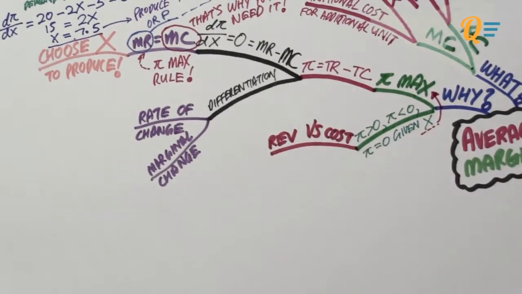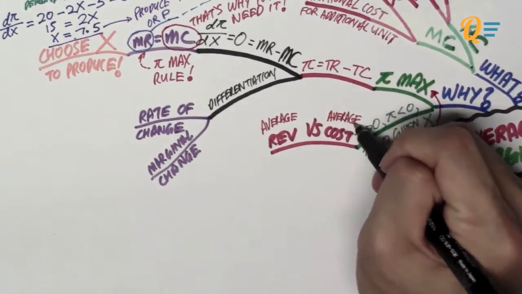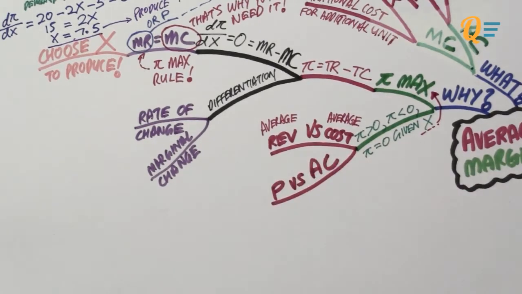Now, to talk about profit, we need to take revenue versus your cost. And to make things simpler, let's talk about average revenue and average cost. So obviously your average revenue is going to be a price. Well, that makes sense, because if you were to sell 10 pieces of X for $5, your total revenue is 50. You take 50 divided by 10, that's 5, right? So the price is also the average revenue, okay?